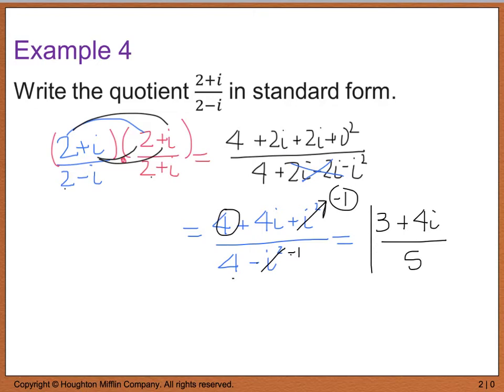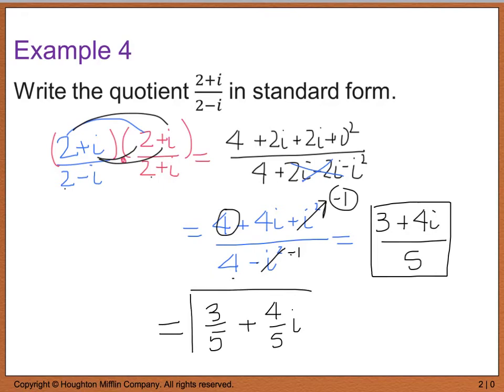Now, this right here is a complex number, yes, but it tells me to write it in standard form. Well, standard form, I need to separate the real piece from the imaginary piece. So to do that, I'm going to be left with 3/5 for my real part plus 4/5 i as my imaginary part. So this right here is actually your final answer.